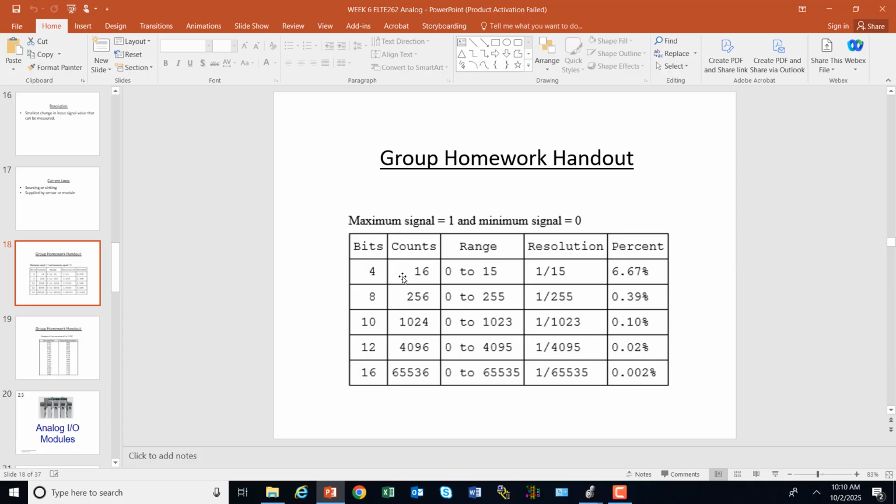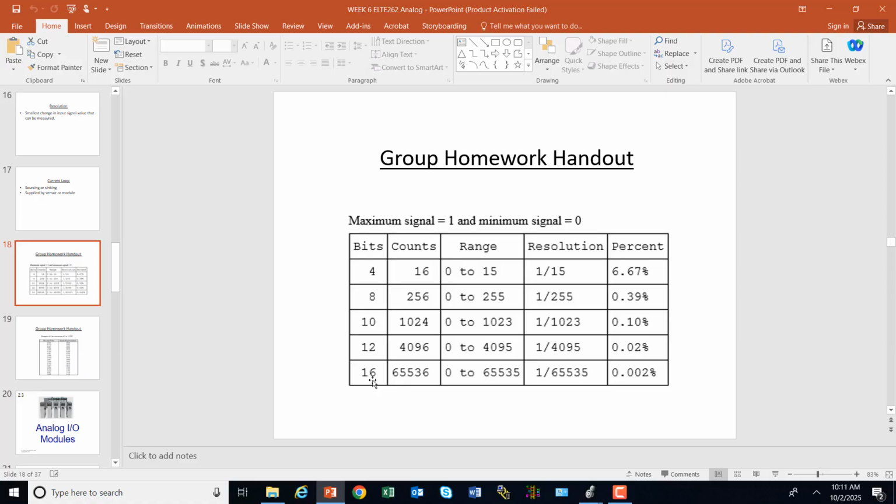So 16 counts, 0 to 15. So the smallest step that you're going to get is 1/15th. If you divide your signal by 15, that's 6.67%. Is that okay? Probably not, but you never know what your application is.